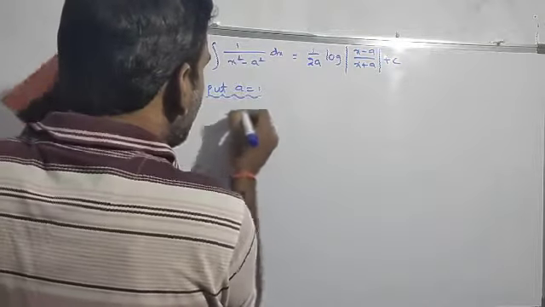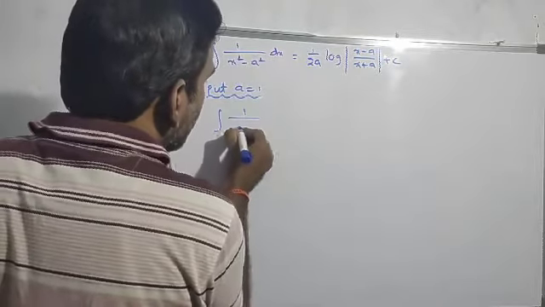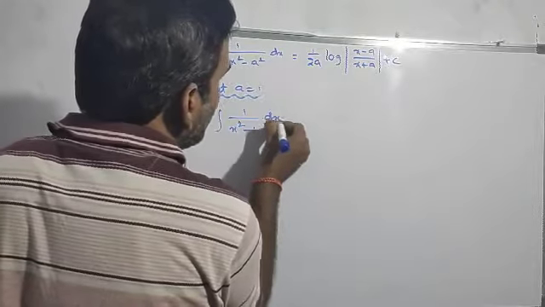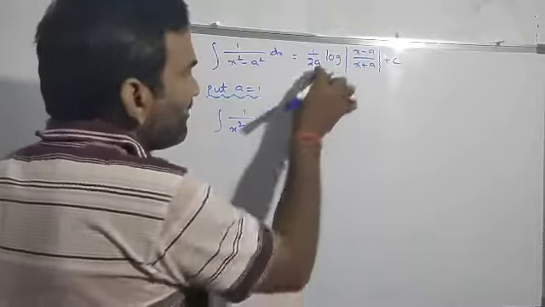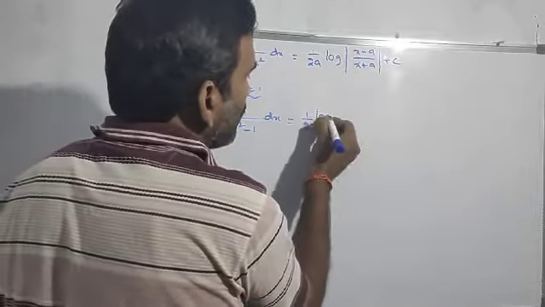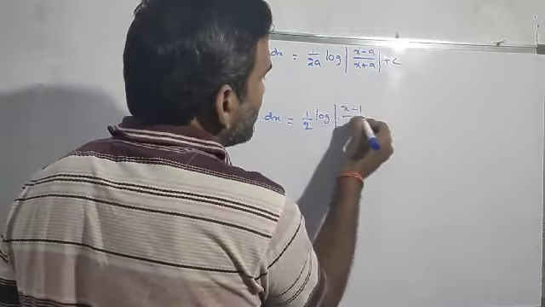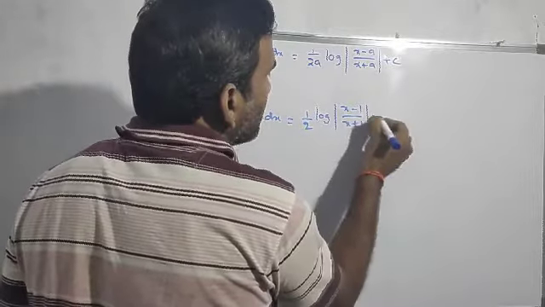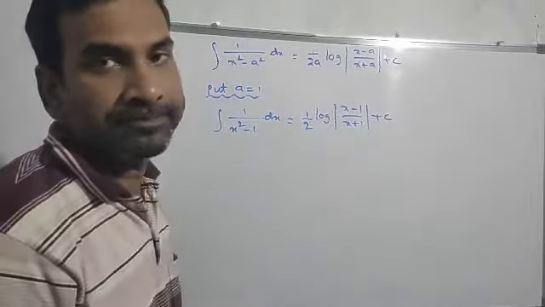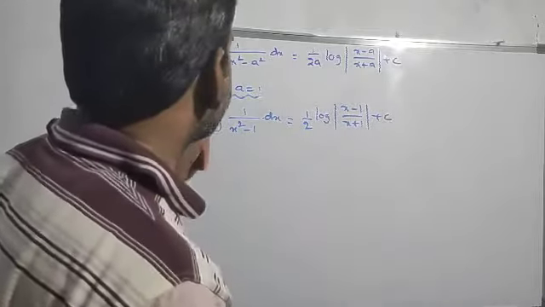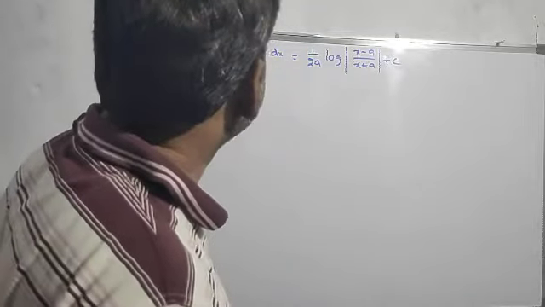Integration of 1 by x square minus 1 into dx equals 1 by 2 into, a value is 1, 1 by 2 into log of modulus of x minus 1 by x plus 1 plus c. This is the standard result, the generalized formula. Understand?